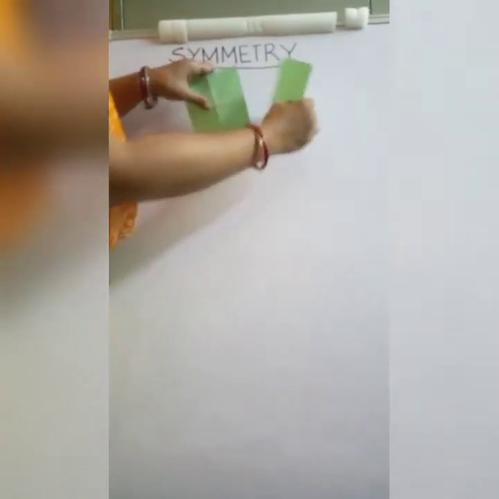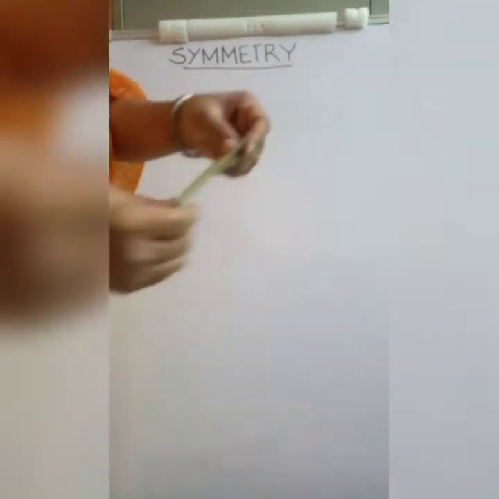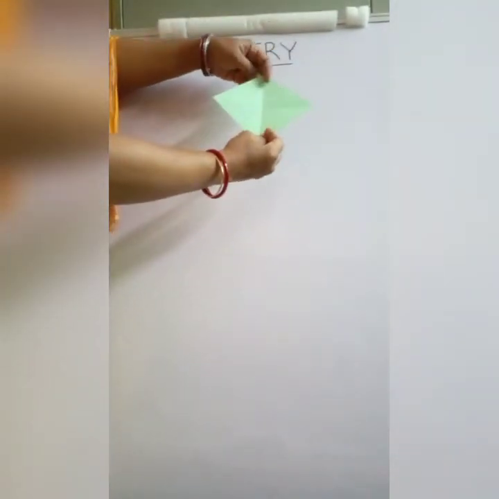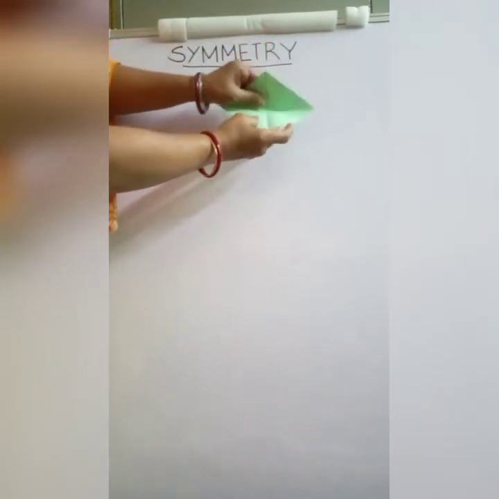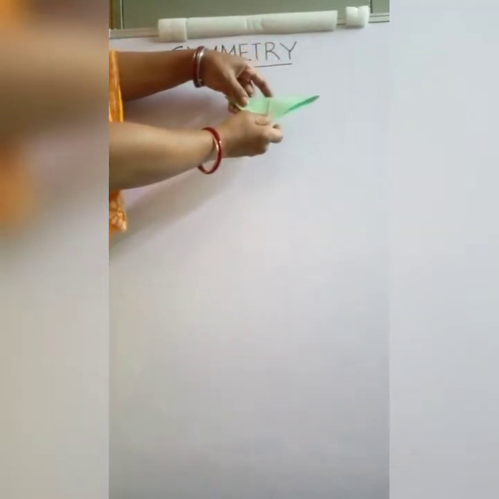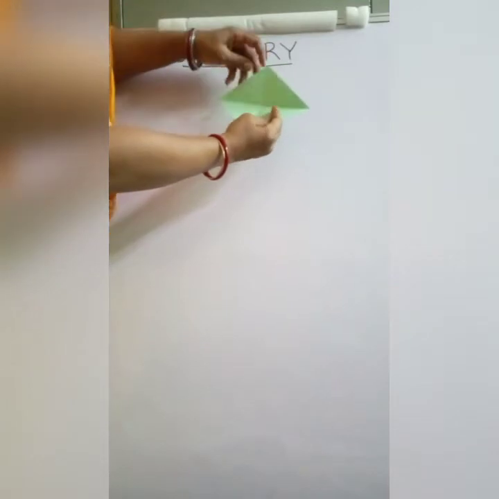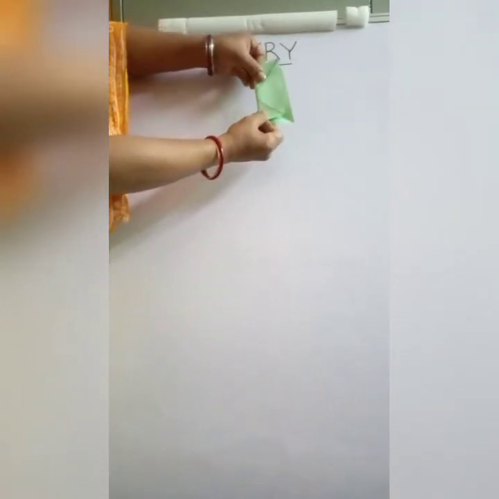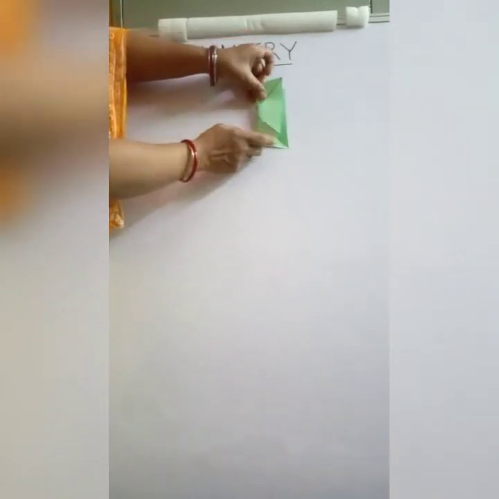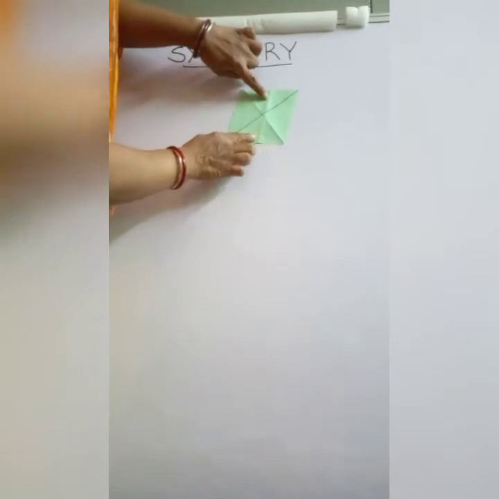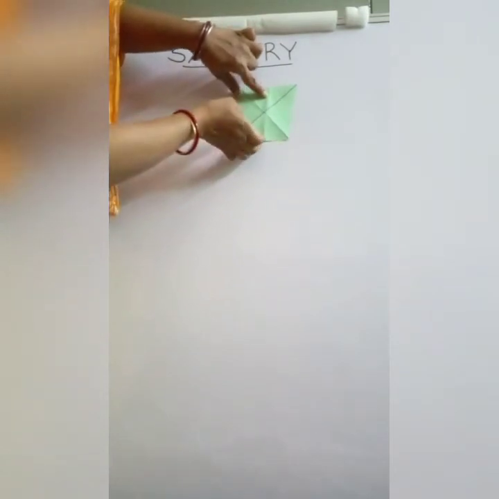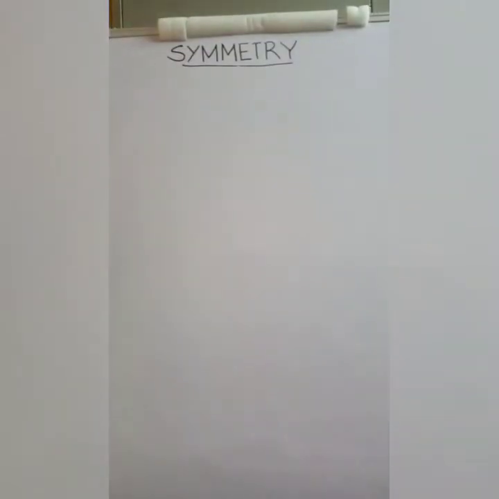So now this is called a rhombus. And see how many lines of symmetry it has. 1 and 2. It cannot be folded like this, because if we fold it like this, we can see the two parts do not overlap. So a rhombus has only 2 lines of symmetry.